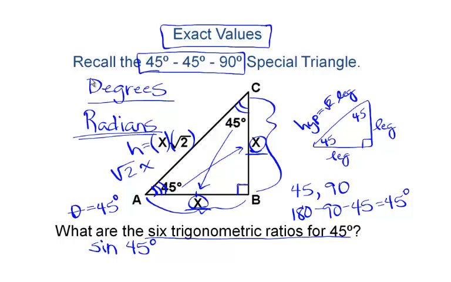If I determine that one of my acute angles is 45 degrees, the sine in that triangle, regardless of whether it's super tiny or as big as a mountain, will always be, remember sine was opposite, there's x, over hypotenuse. That is square root of 2 times x. Well, let's clean it up algebraically. Now we're down to algebra. I have x over x. That doesn't disappear, by the way.